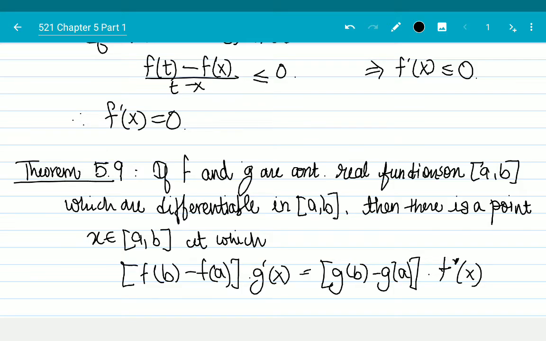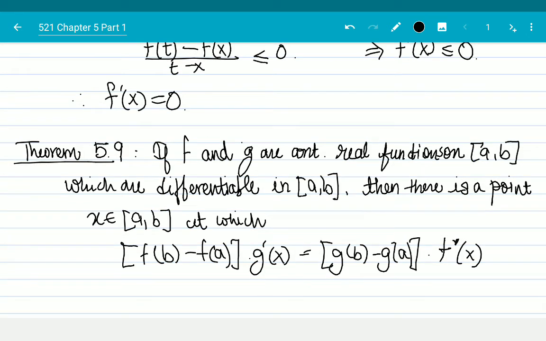Okay? Proof. Now, it might be tempting to say, well, I want to show something is equal to 0. What if I try to show just these are equal, right?